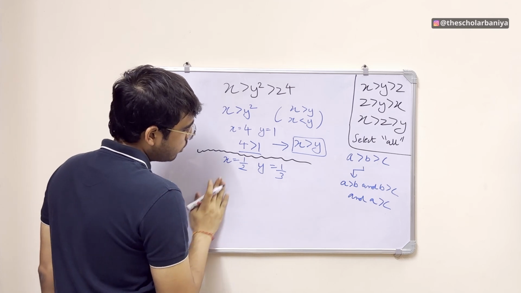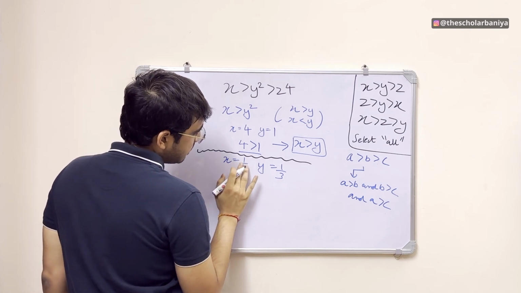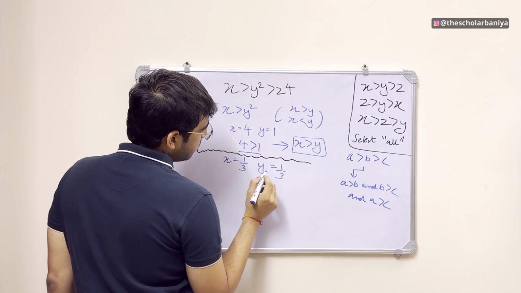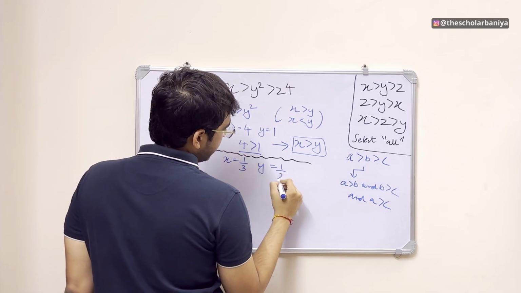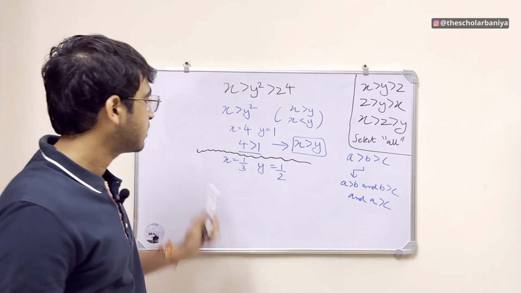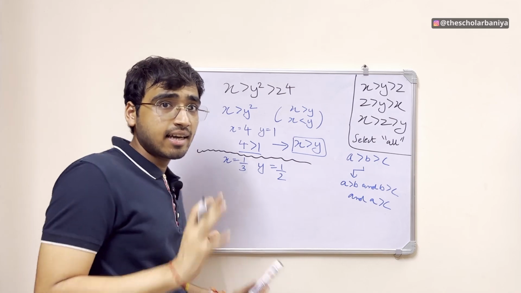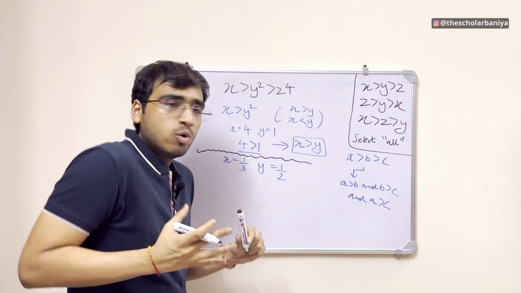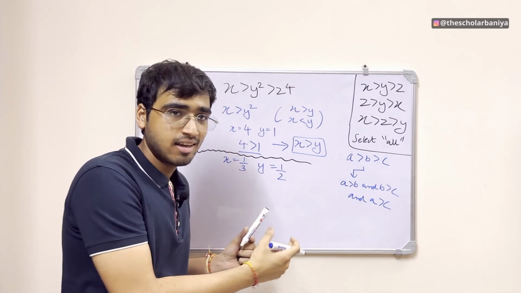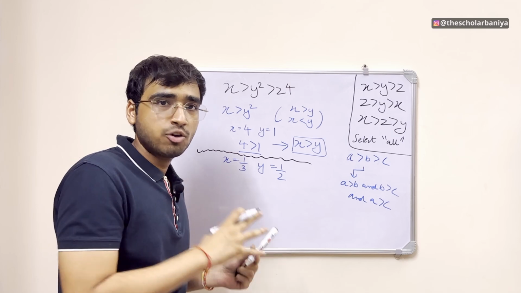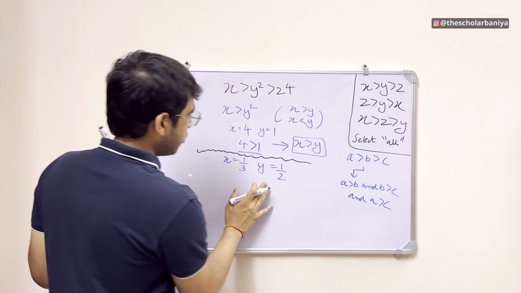Or actually, let's do one thing. Let's take this as x is equals to 1 by 3 and y is equals to 1 by 2. Okay, this is the right one. See, again, even right now, I don't know what value I should take, so I'm thinking. And when I thought, I had initially thought something wrong, but now I think this should be fine.